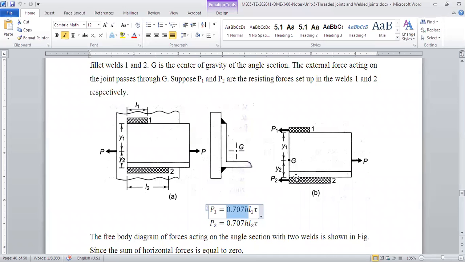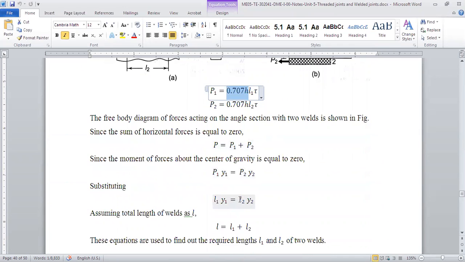P1 into Y1, P2 into Y2. So simply we can compare, P1 Y1 equal to P2 Y2. Now by putting this value, P1 is equal to 0.707 H L1 tau, H and tau are constant, so the only difference is L1, L2. Those will cancel out and we get L1 Y1 is equal to L2 Y2.